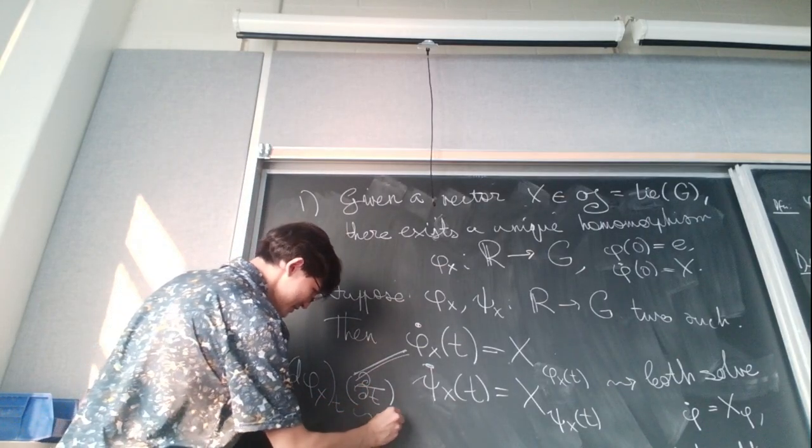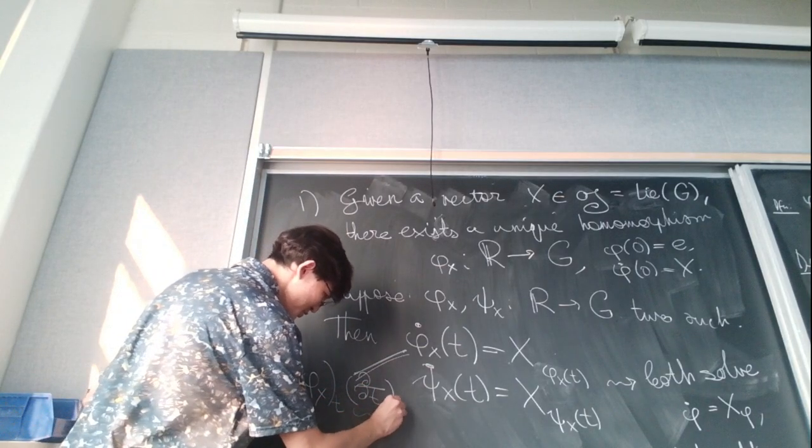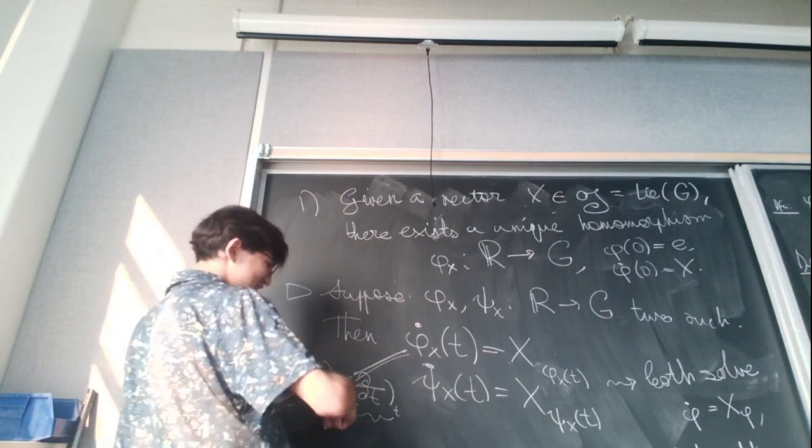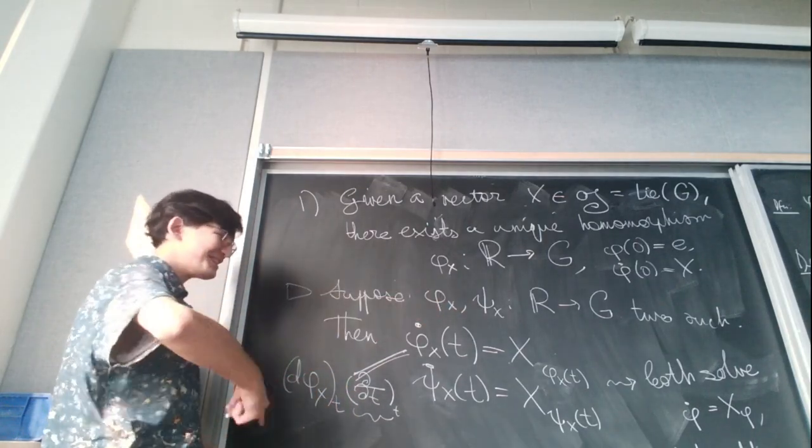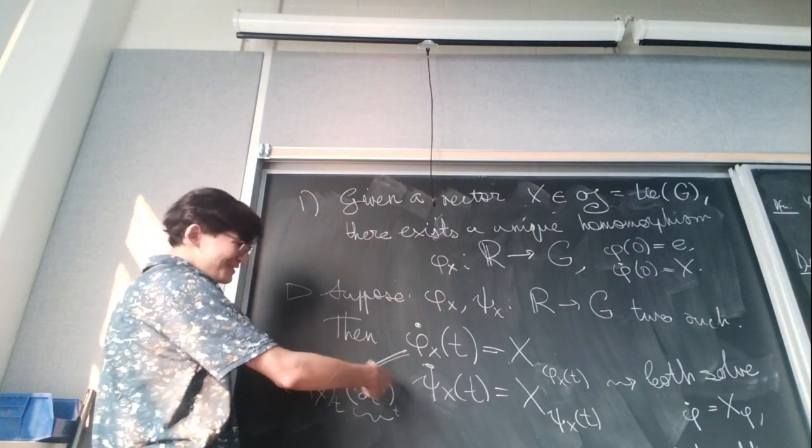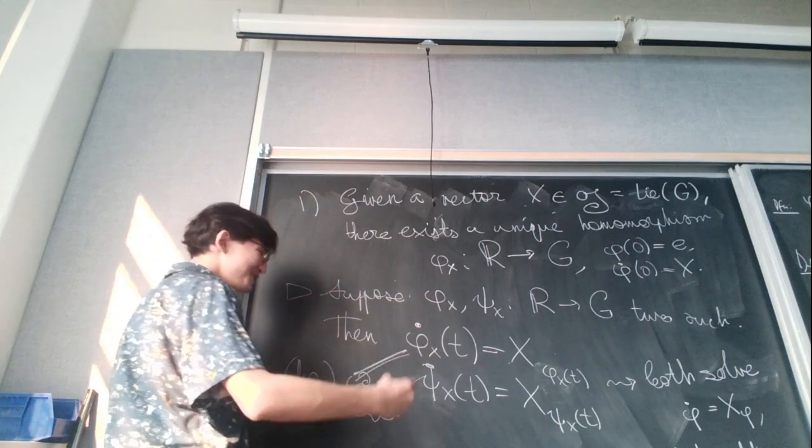And this vector at the point t is just the left translation of this same vector at the point 0.